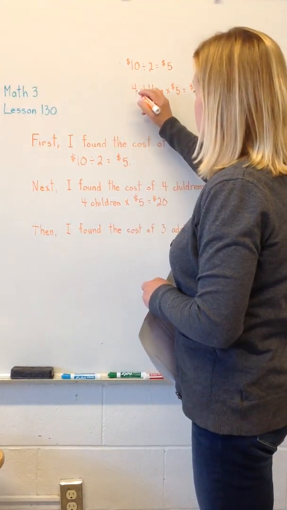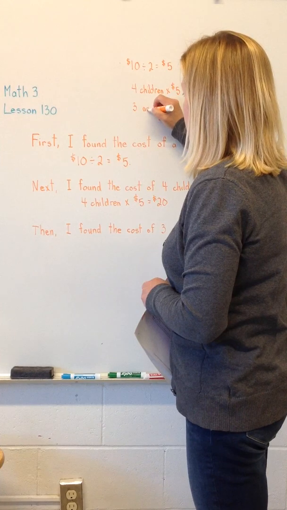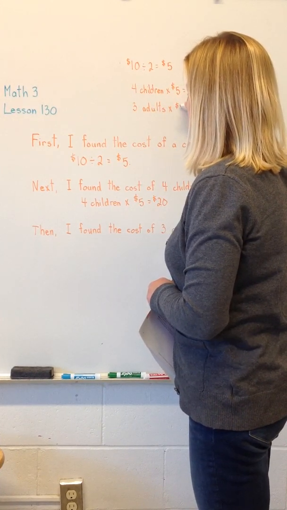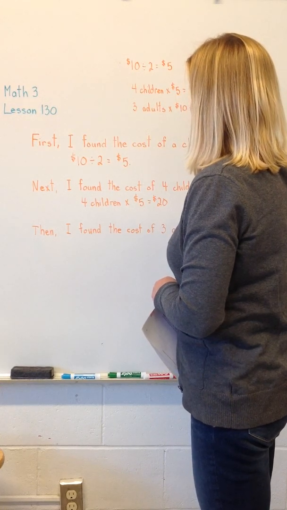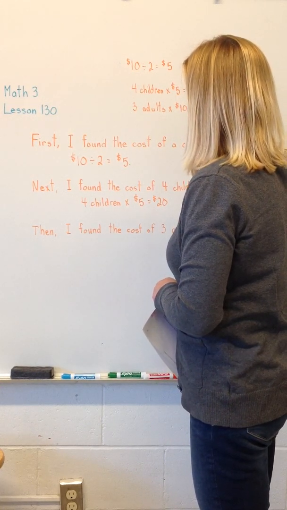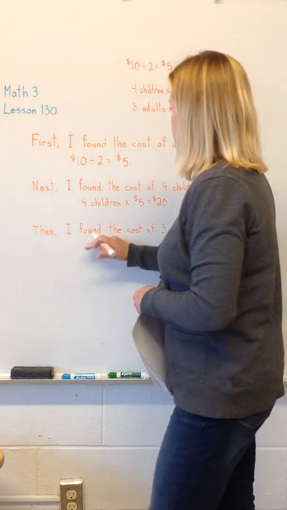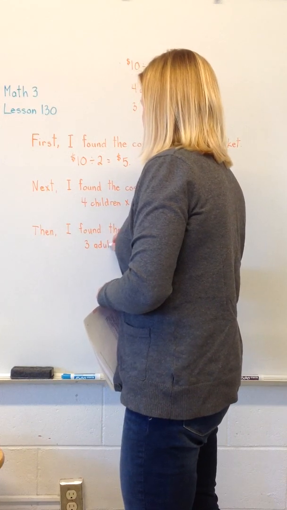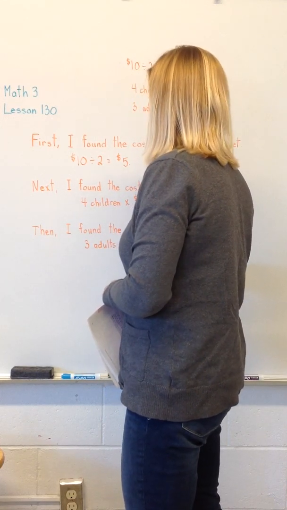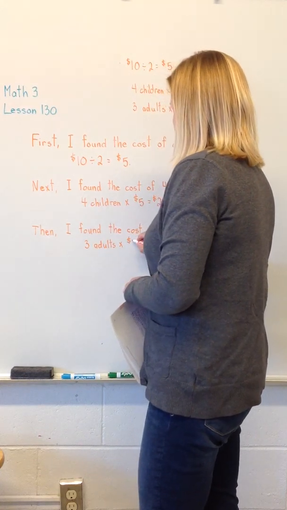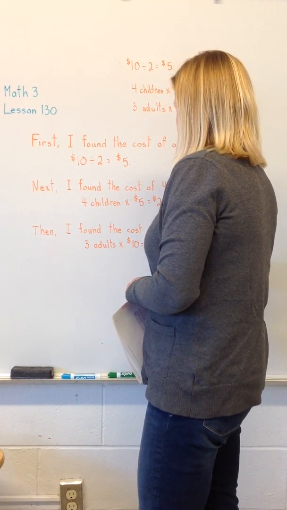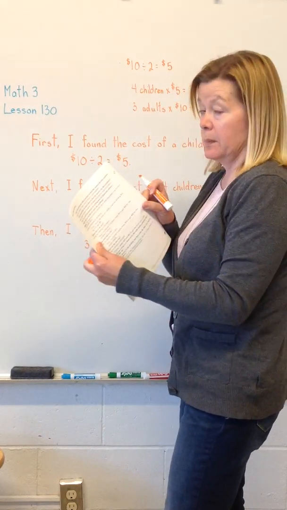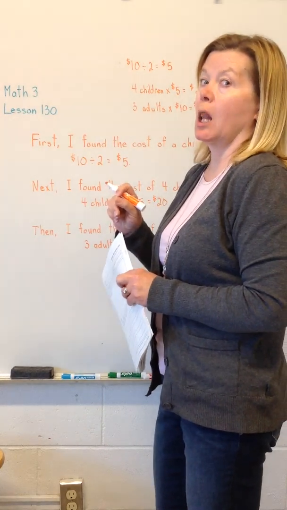So for the 3 adult tickets, remember, it's the 3 adults and their tickets are $10 each. So that is $30. I'm going to write that right underneath this sentence. Now remember, when I have you do guided fact practice, I make this as short as I can, because on this paper, they would like you to write a lot more.